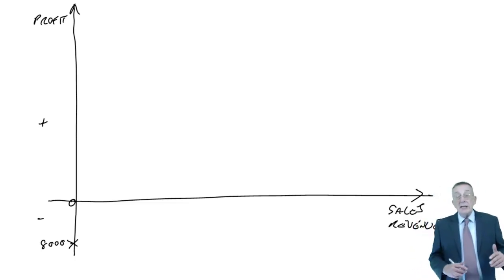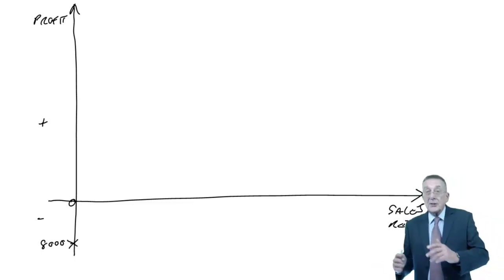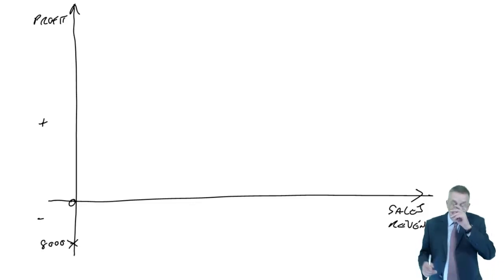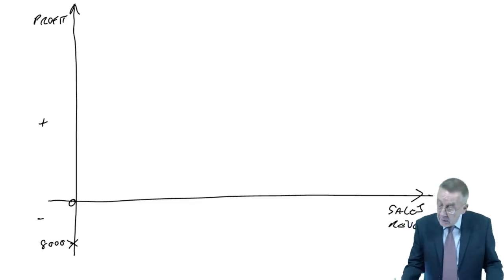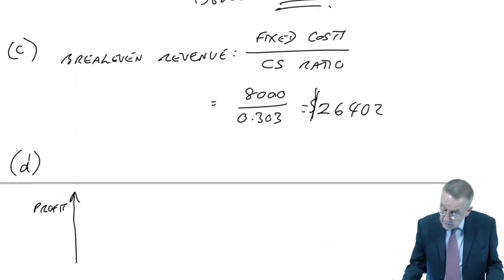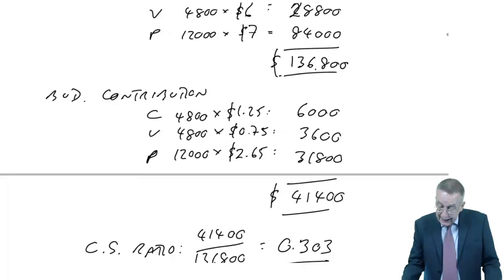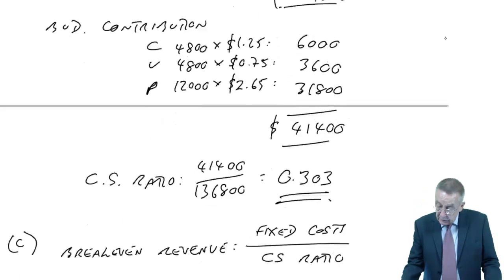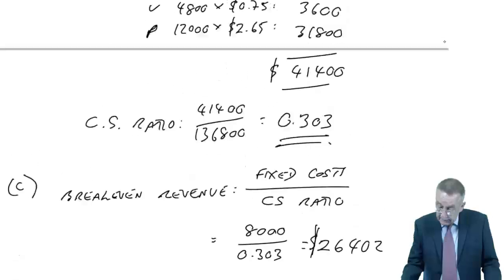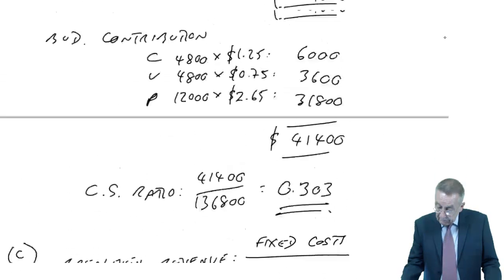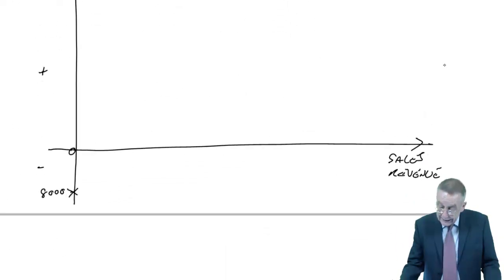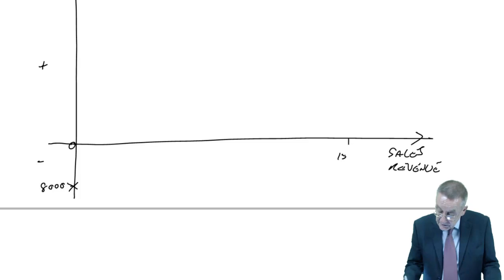As we start selling units, the loss starts to reduce and we start to make a profit. And we'd already worked out, had we not, if I put the budget figures in, contribution 41.4, 136,800. So my revenue, let's go up to 150,000.